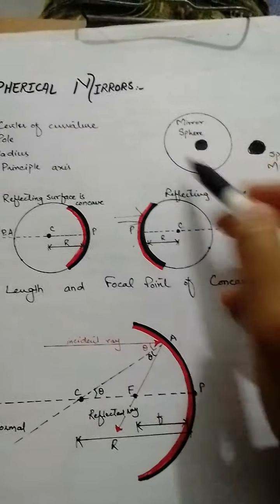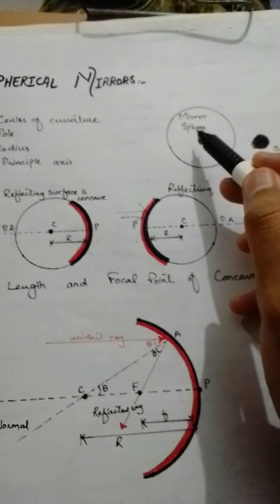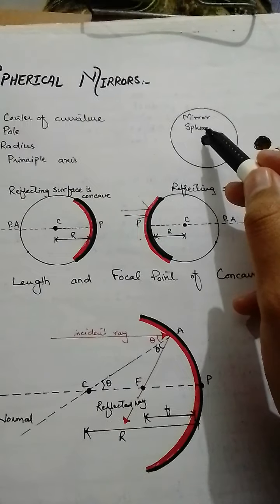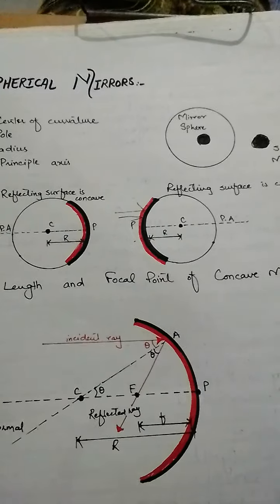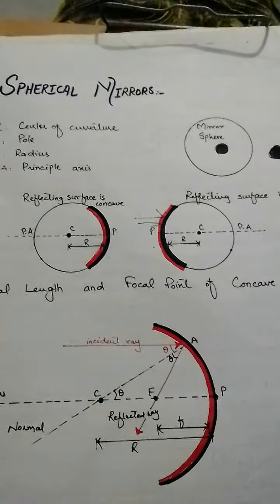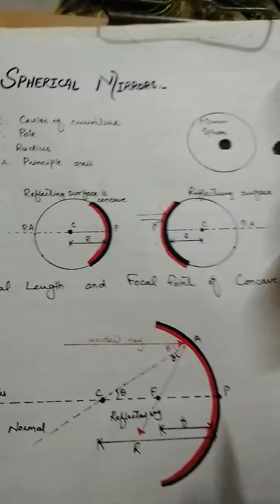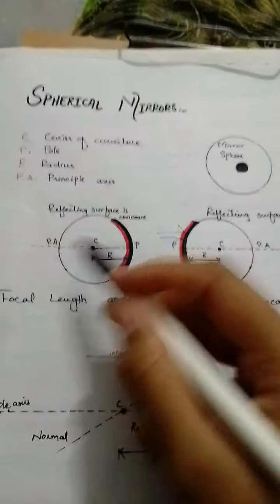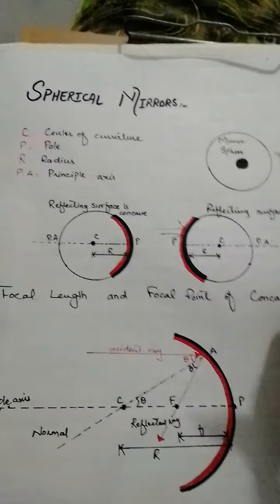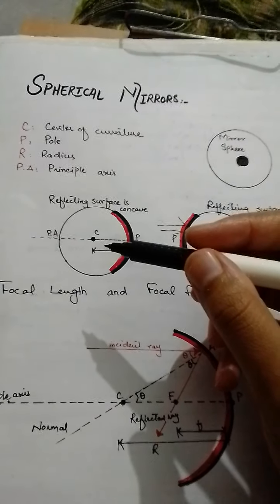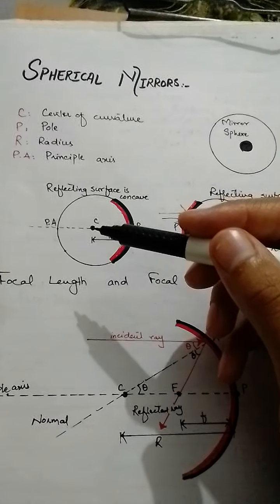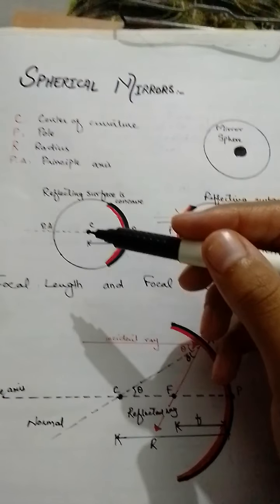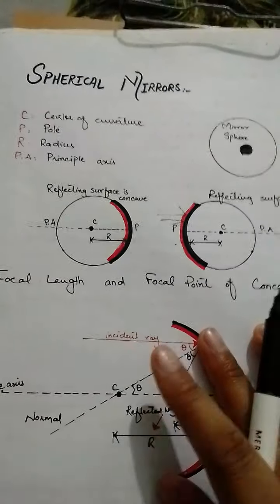So if we take this sphere, whatever lies in the center of this sphere, suppose we have a ball, the center of the sphere will be inside the ball, just at the center of that ball. So in this case, when we have a spherical mirror, the point which lies at the center of the sphere is called the center of curvature.